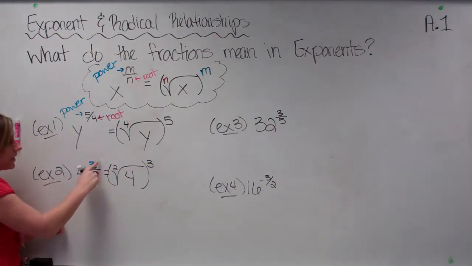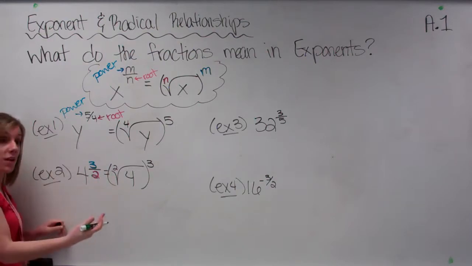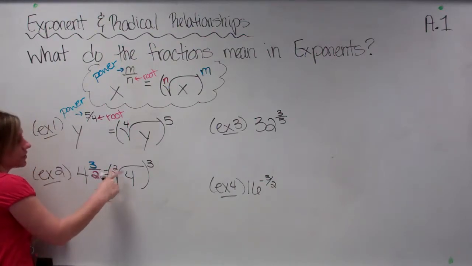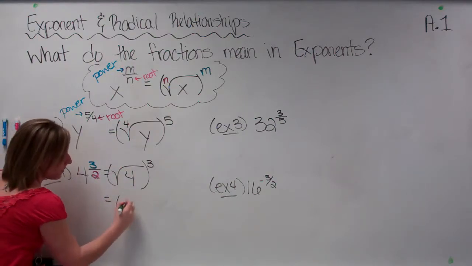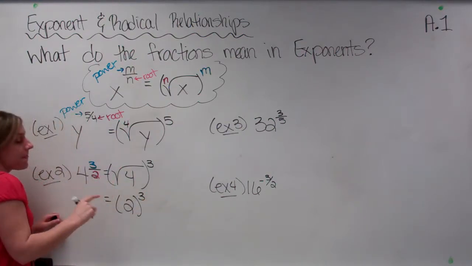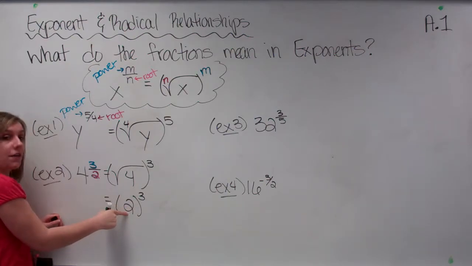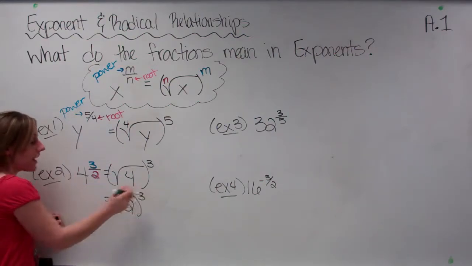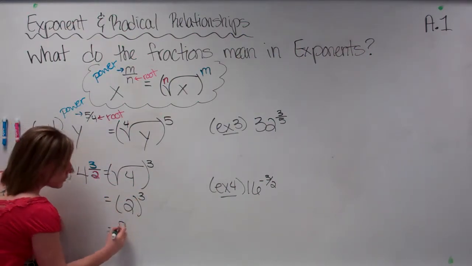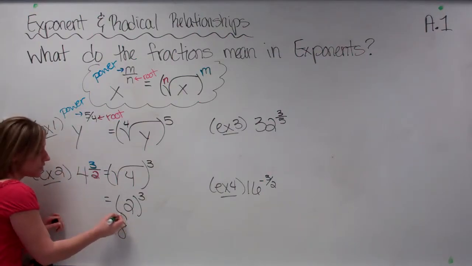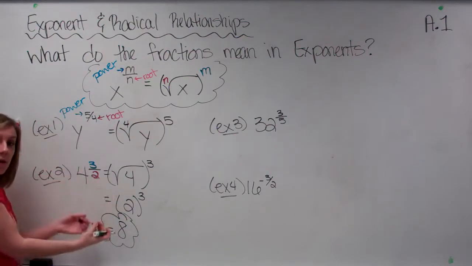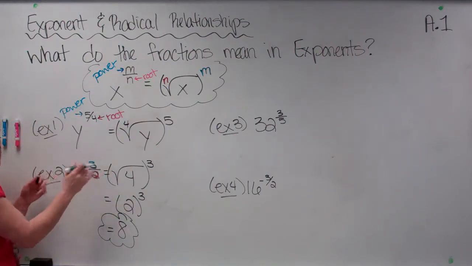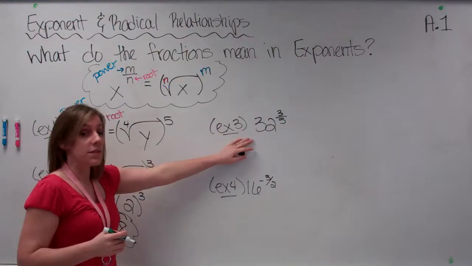So the root is here, and the power is there. So then you could actually evaluate this. The square root of 4, you guys know that the square root of 4 is the number 2. So then, now that you've figured out that number and made it smaller, now you can take it to the power. 2 to the 3rd power is the number 8. So you could actually evaluate this and get an actual number that makes it nicer than that fraction of those exponents.